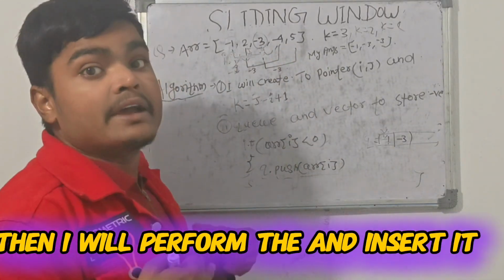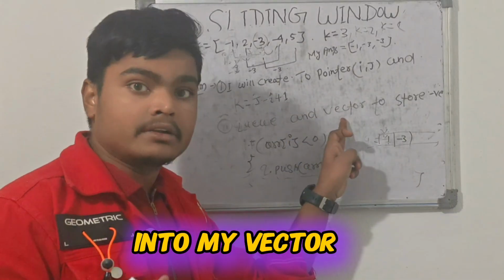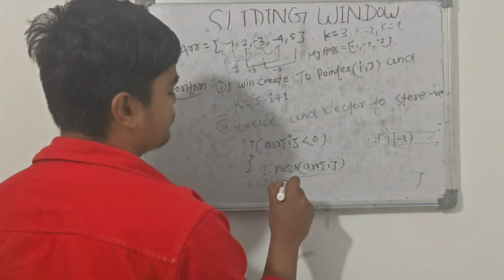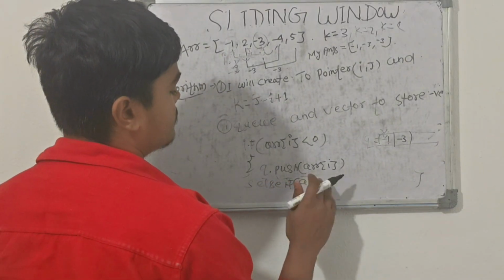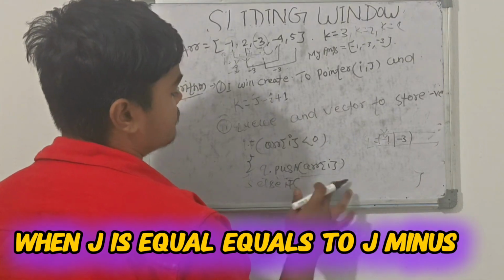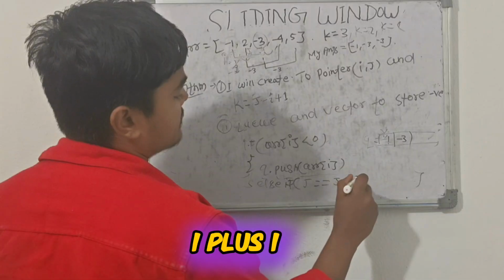When the window size is reached, I perform the step and insert it into my vector. So I write else if j is equal to j minus i plus 1.